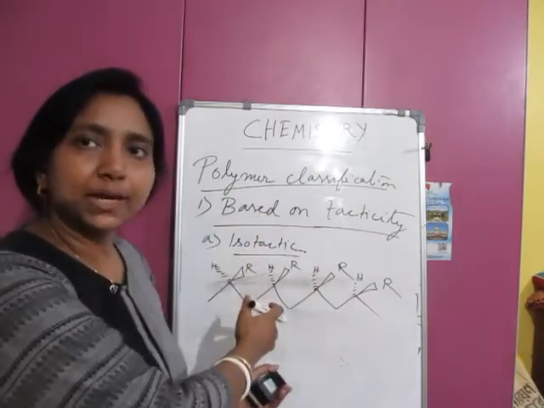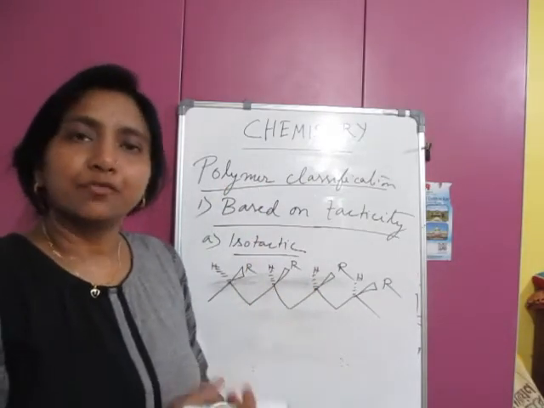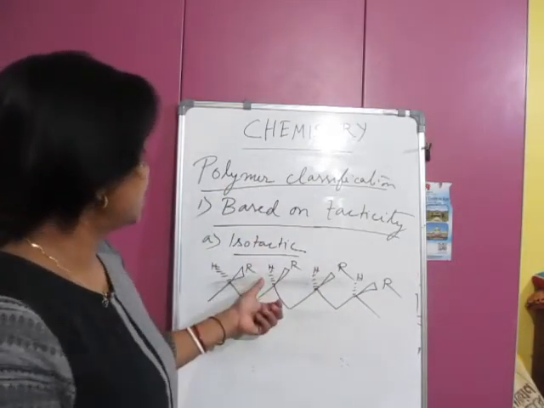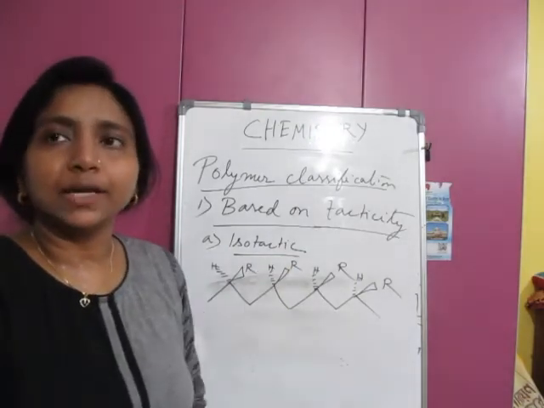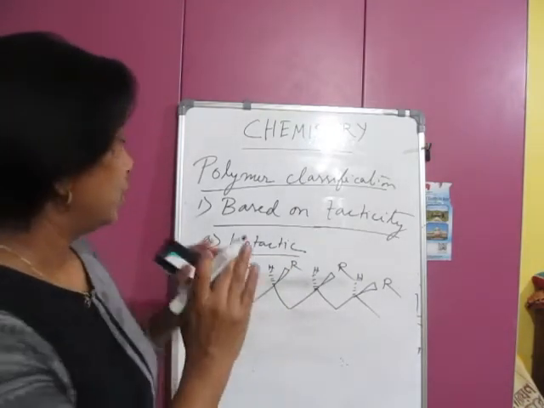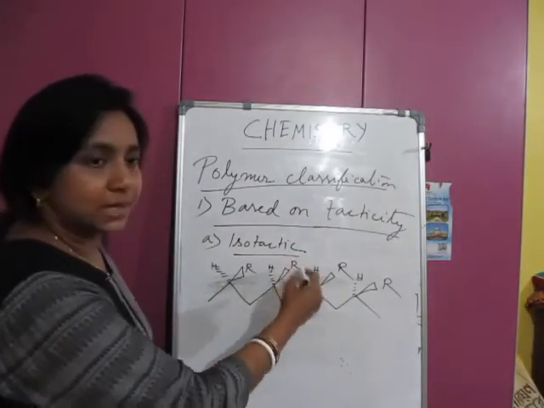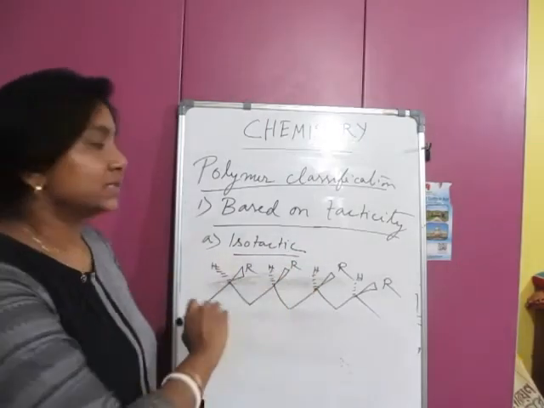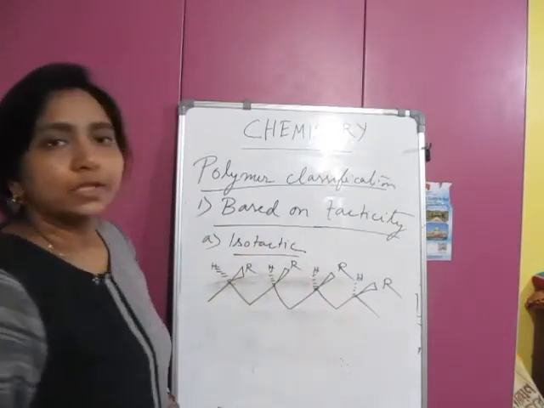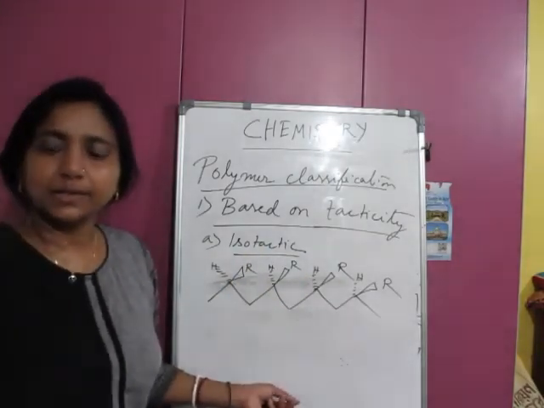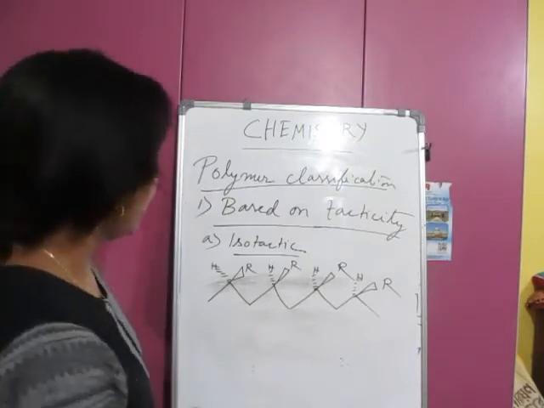One is the back side and another is the front side. So this is called isotactic polymer. The arrangement of the branch structure is similar. The example is natural rubber.